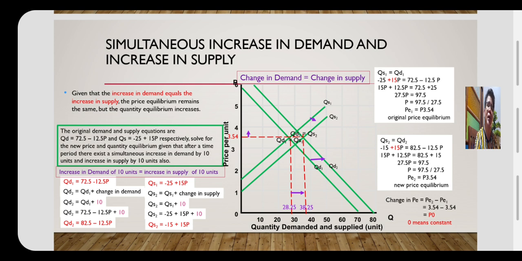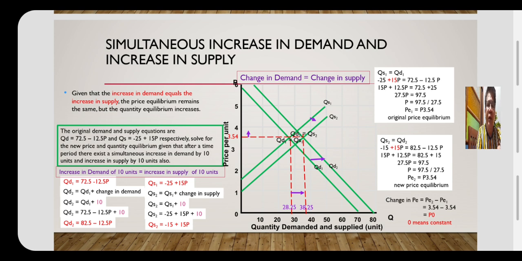It did not change. But what has changed is the value of the quantity equilibrium. The quantity equilibrium actually increased from 28.25 to 38.25. That is because there is both an increase in demand and an increase in supply.